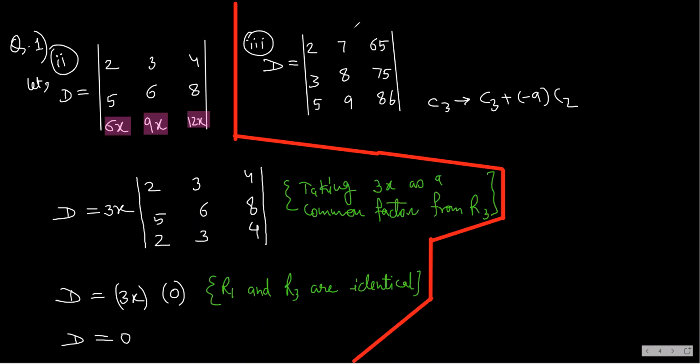You check here, the elements of C2 are here. I'm planning to multiply minus 9 in all the elements and then add it to the elements of C3. So when I multiply minus 9, this is minus 63, minus 72, and minus 81.